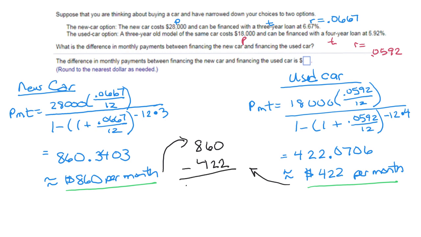And we're ending up with $438. And remember, this is per month. So the difference in the monthly payment amount is going to be $438.